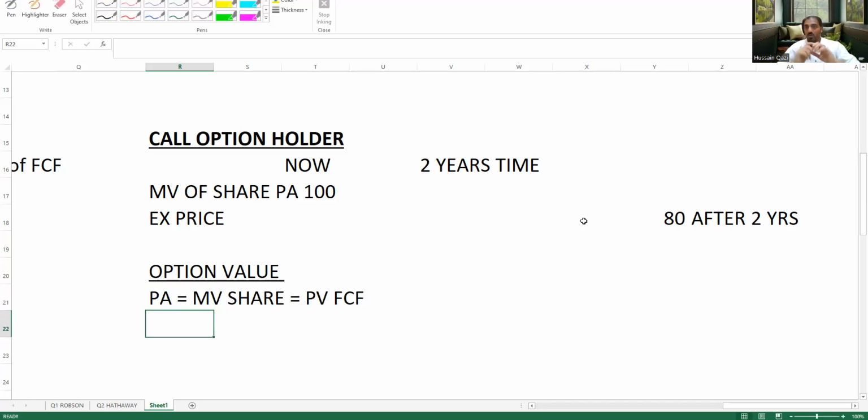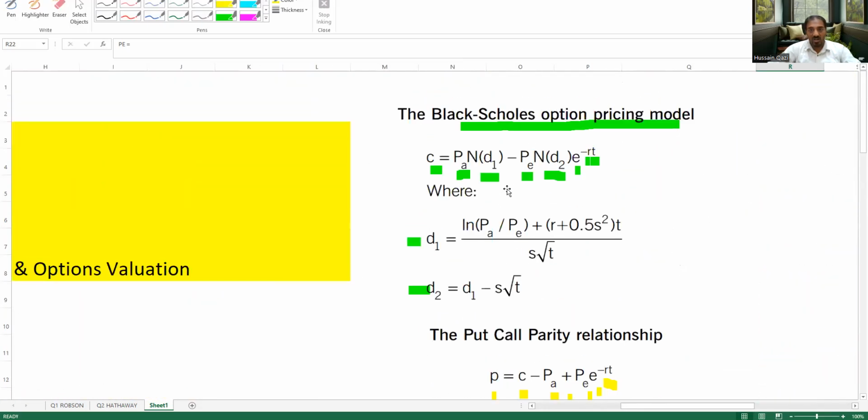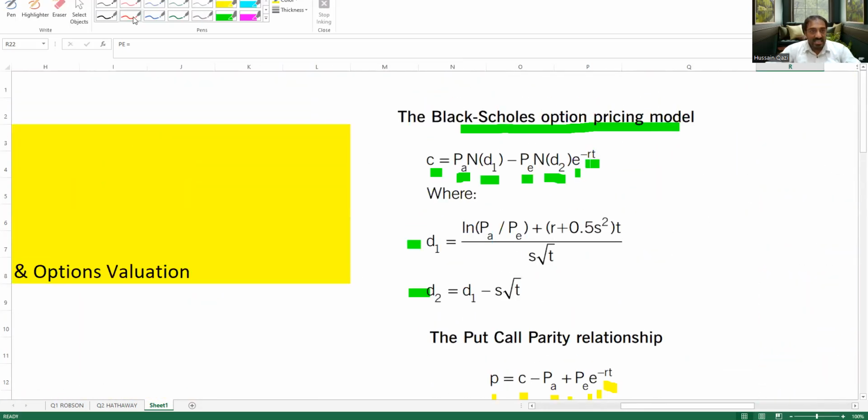It's by default now. But PE is actually after 2 years. But in the formula you are using, there is a variable called E minus RT.